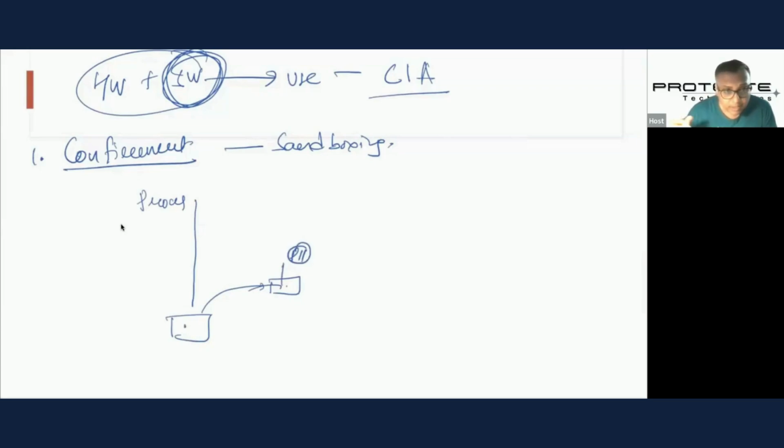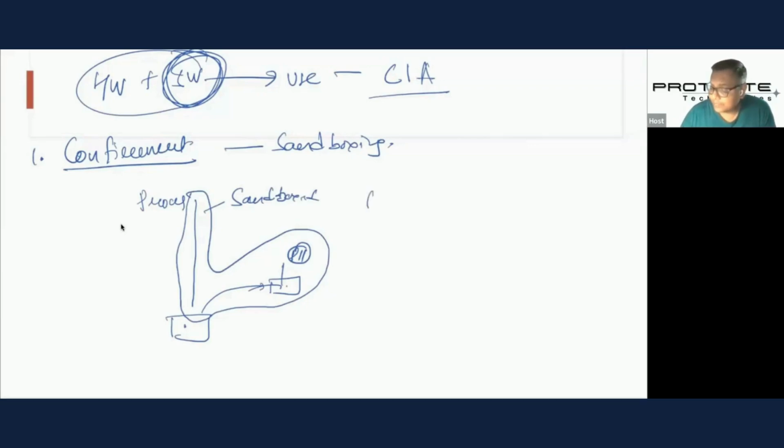Software developers will ensure that this particular process is carried out in a sandboxed manner. No other process is able to interfere. Such kind of programming is done by using confinement measures.